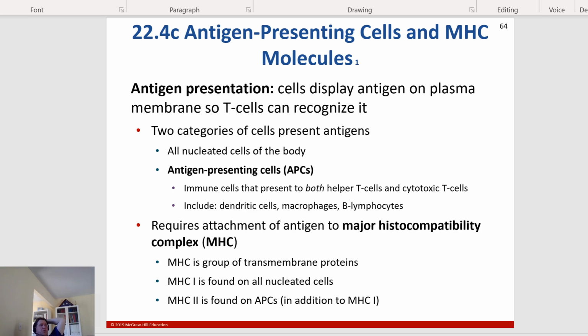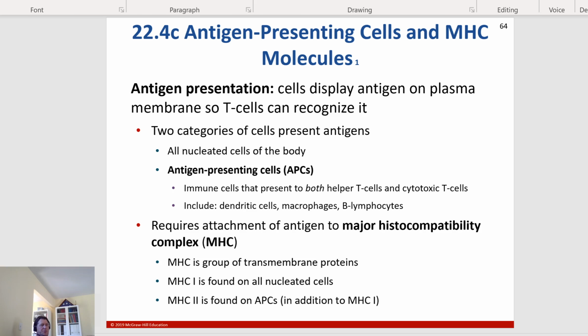Macrophages go to where the infection is and they phagocytize whatever is causing the problem, the bacteria or virus. They phagocytize it, and that breaks it up.